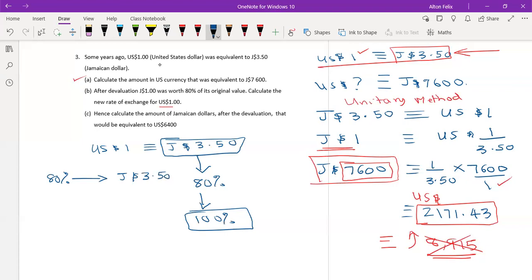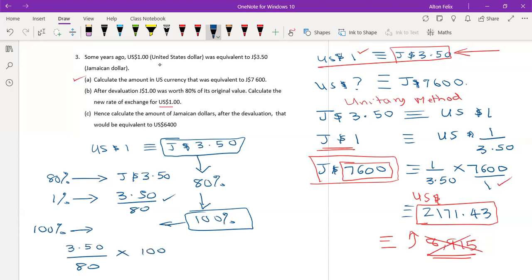So if we need to find 1%, that will be 350 divided by 80. 1% will represent that. And now we need to get the 100%. So 100% will be 350 divided by this 80, and you multiply it now by 100. So you see how the unitary method is at work again here?